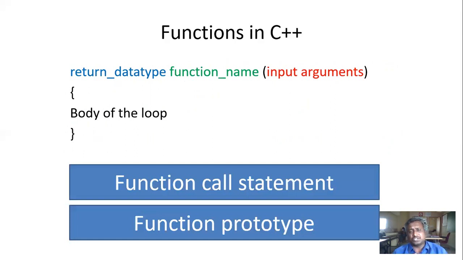For each operation, we can write one separate function. For example, you are writing an add function. Then we can write a function name related to addition. We can write ADD, or CALC_add, that means calculator add. As a user identifier, you can give some name to the function.